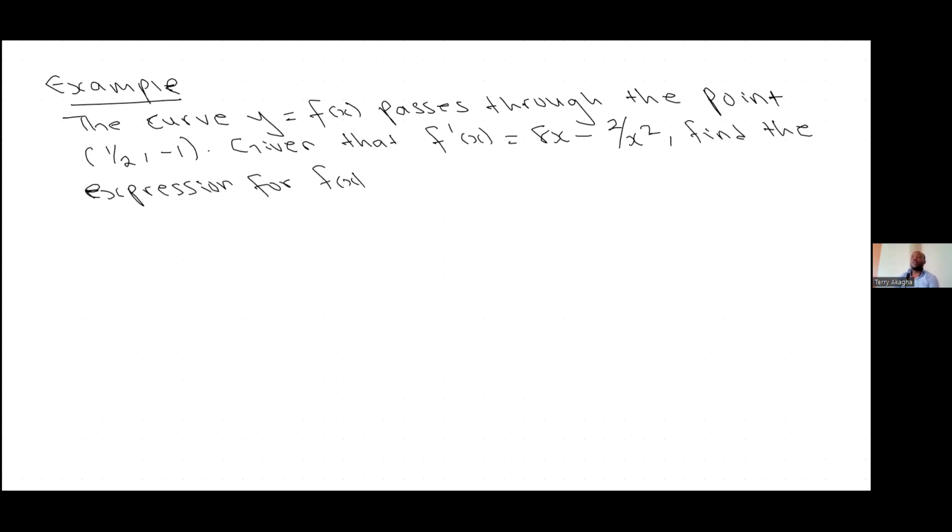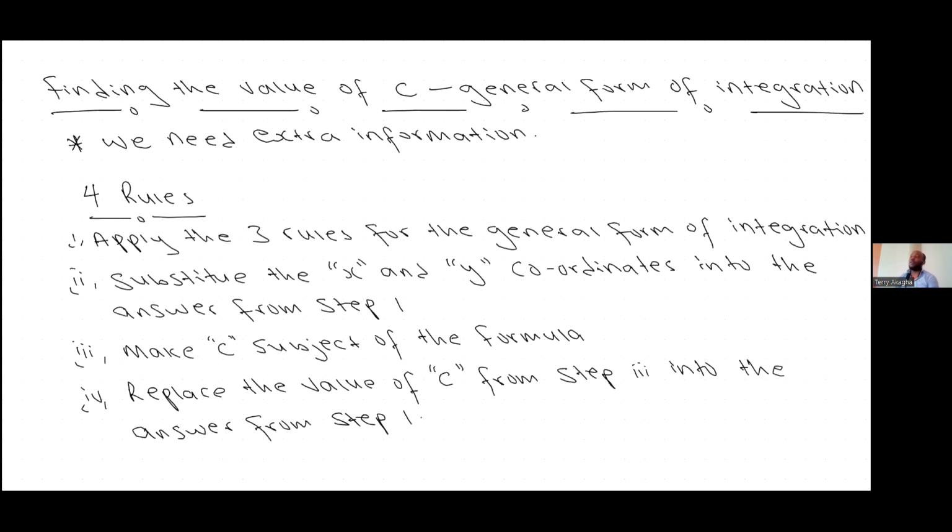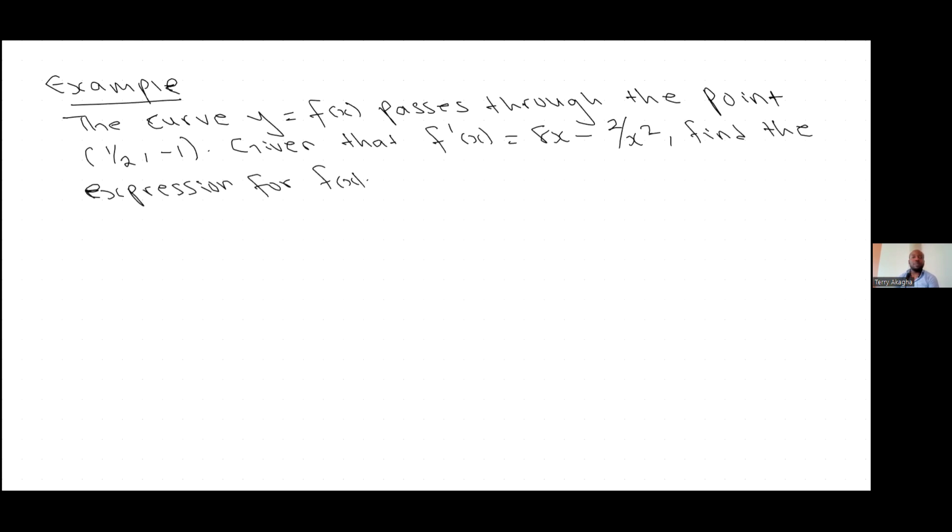All right, so what do you do? So the same thing we've talked about earlier. So the first step, we'll have to apply the 3 rules of integration. And remember, I told you the first thing you have to do is that you have to convert each of them to index form. So you can write f prime x if you want to, okay?